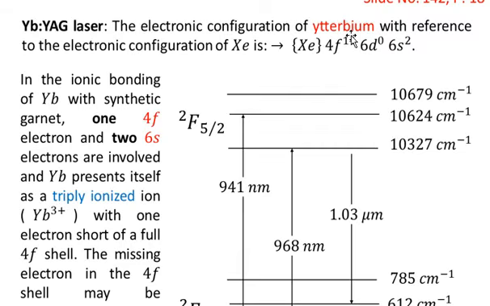And so the electrons that are left in the 4f orbital will be 4f13. Or you can say that a single hole is created in the 4f orbital, because the rest of the orbital is complete except that there is one vacancy, and we can treat that vacancy as a single hole.